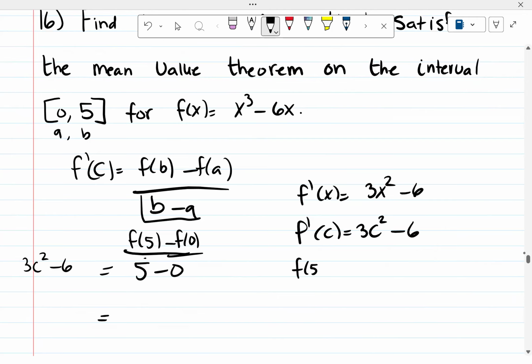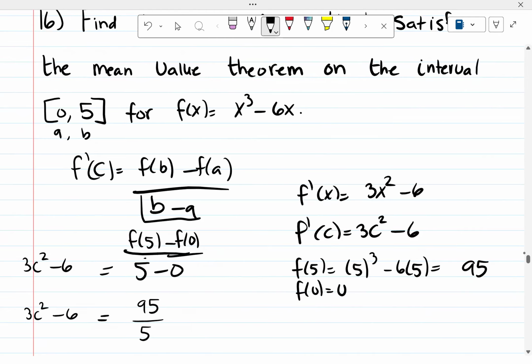F of 5 is going to be 5 cubed minus 6 times 5, which is, I think, 95. F of a, or f of 0, is still 0. So it's 95 minus 0 is 95. And then 5 minus 0 is 5. And then on the left, you have 3c squared minus 6.